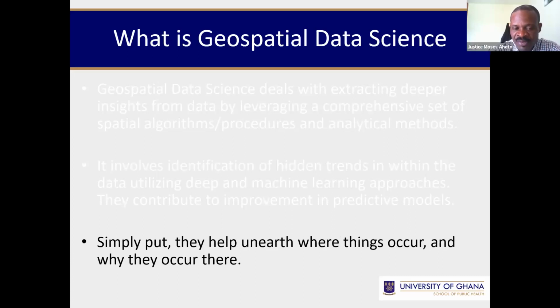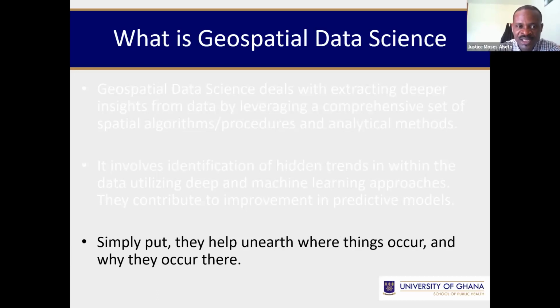So in summary, geospatial data science is simply a procedure that enables us to unearth why things occur and why they occur there. It is a tool that allows us to unearth why things occur, or the reason behind that occurrence at those locations.